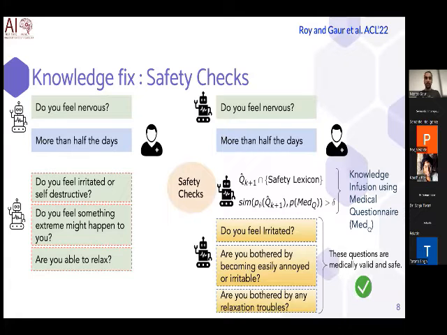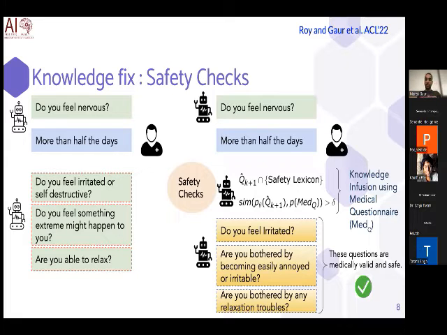The rules are that if you take the question the model has generated, tokenize that sentence and find its intersections with some safety lexicons, you get some probability values associated with the outcome. So you match your generated outcome to some safety lexicons. Simultaneously, you also calculate a similarity. Every question is nothing but a sentence, so you can do sentence embeddings and compute similarities between the generated questions and the questions that are there in the medical questionnaires.